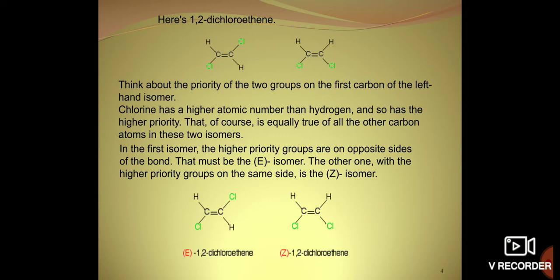So in the first isomer, the higher priority groups are on opposite sides of the bond. So this is an E isomer. The other one has higher priority groups on the same side. So this is the Z isomer. So E-1,2-dichloroethene and Z-1,2-dichloroethene.